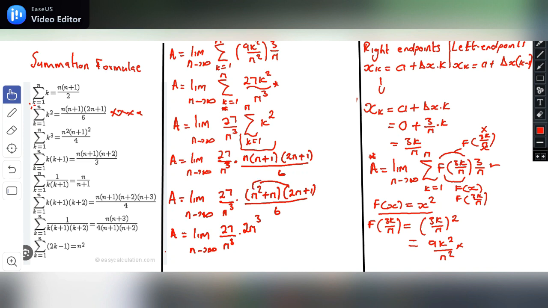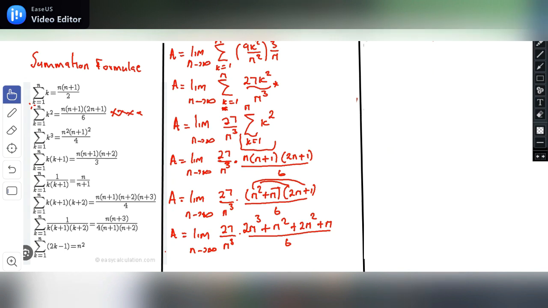Then this one multiplied by this one is going to give us n squared. Then this multiplied by this is going to give us plus 2n squared plus n, right? Therefore, all over 6. So let me just make some space here.